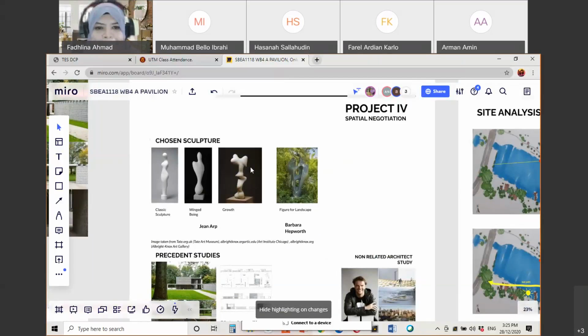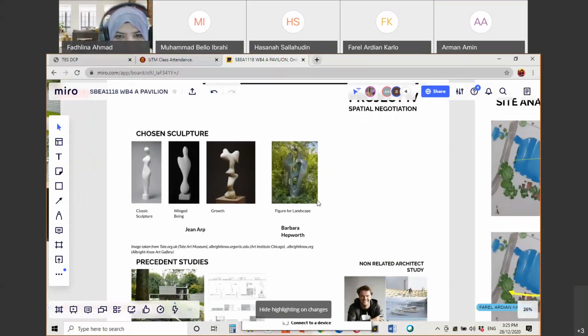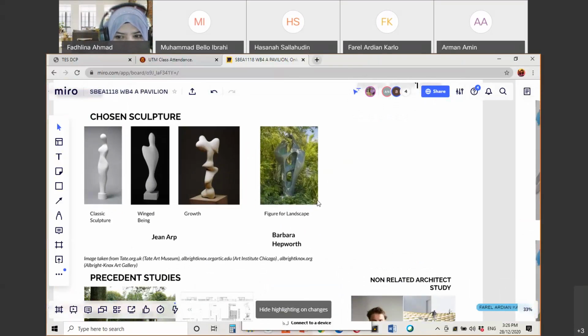Yes. So the chosen sculpture was the one created by Jean Arp and Barbara Hepworth. The first one, Jean Arp, is a Finnish German sculptor, painter and poet.